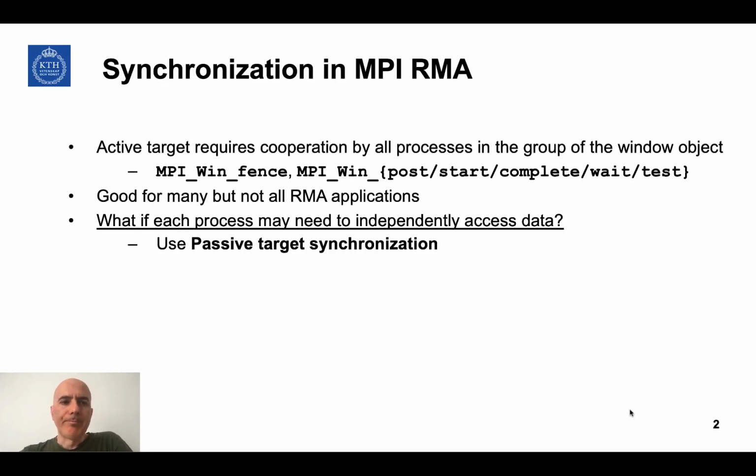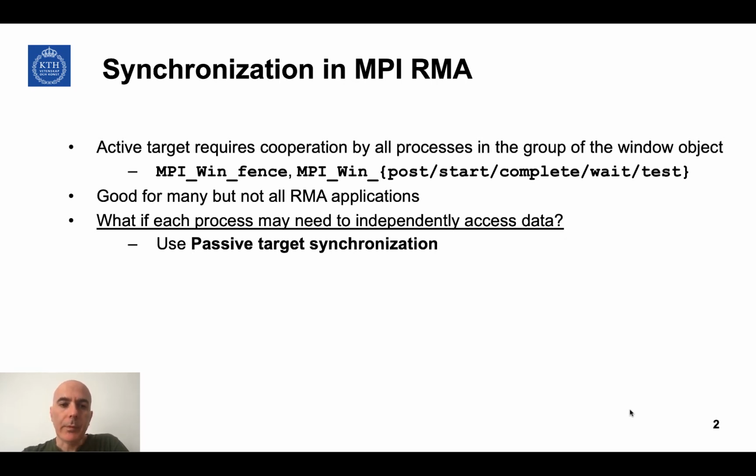So far, we have been seeing two ways to synchronize in MPI RMA: active target and generalized active target. The active target requires cooperation by all the processes in the group of the window object.